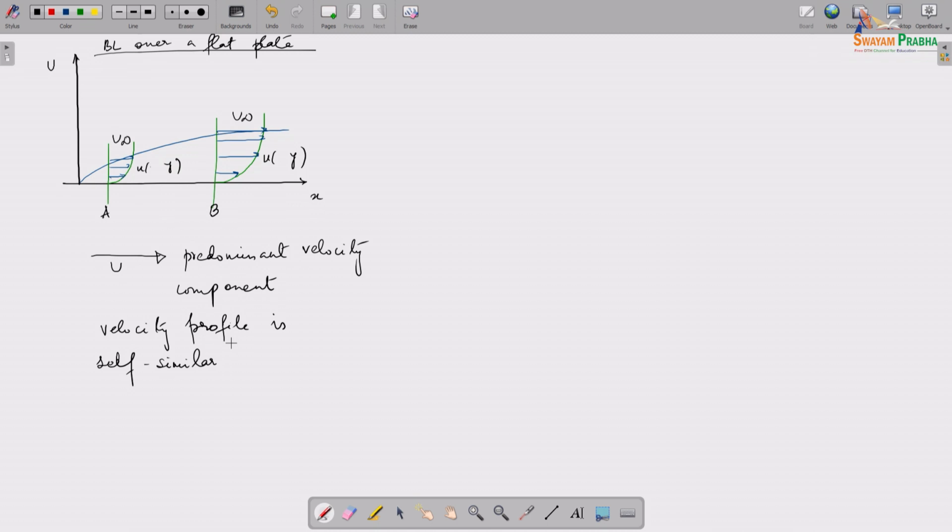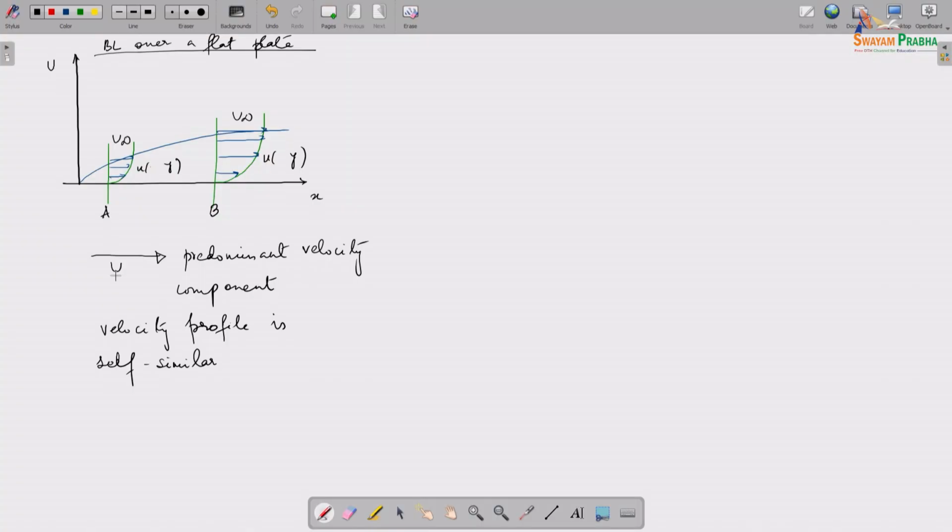That's what we are essentially talking about. That's a description of the boundary layer over a flat plate.